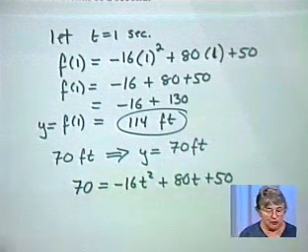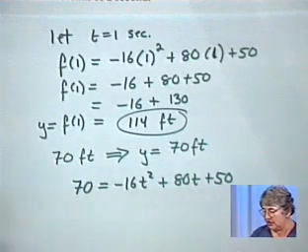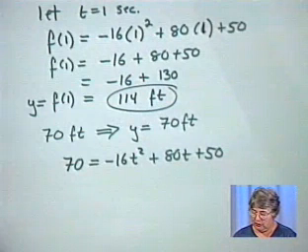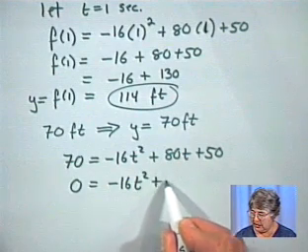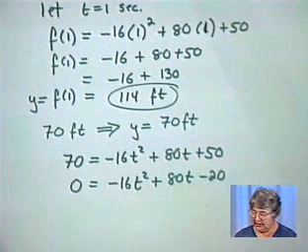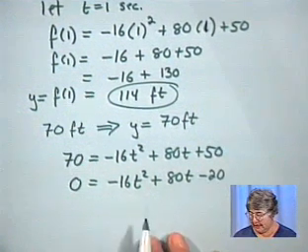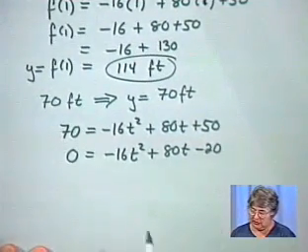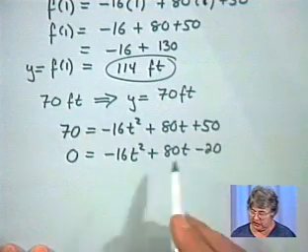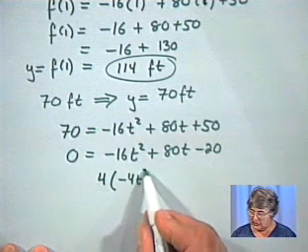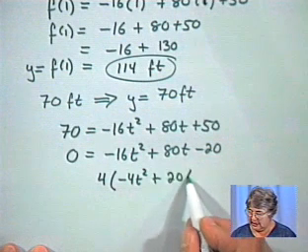Well, this is nothing more than solving a quadratic equation. We've learned to solve quadratic equations. We'll have one side equal to 0, a negative 16t squared plus 80t, adding a negative 70 to both sides, we get a negative 20 on one side. We can make the problem a little bit easier by noticing that there's a 4 factor in each of these 3 terms. So let's factor 4 to the outside, and we'll have a negative 4t squared plus 20t minus 5.